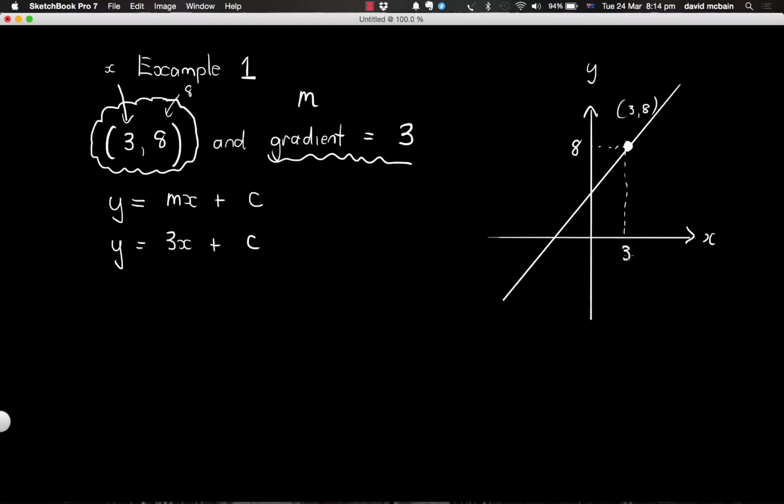So if I was to substitute the value x equals 3 into my equation, I know that the answer has to be 8. So what I can now do is substitute the coordinates, 3, 8, into the equation.